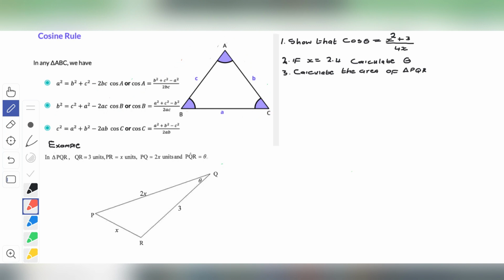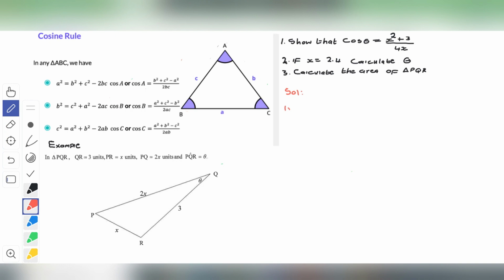Okay guys, so let's now do the examples. Solution. The first one says show that cosine of theta is equal to x squared plus 3 all over 4x. So what is the trick here? The trick is, guys, from the cosine and sine rule, the questions that are going to come, you need to check.